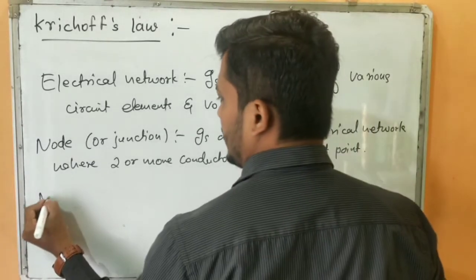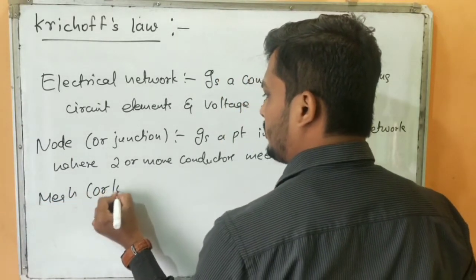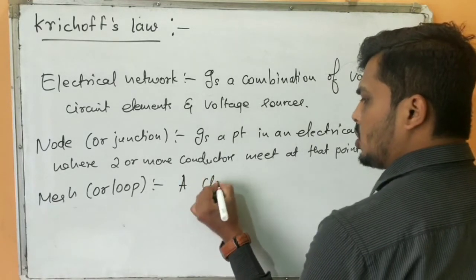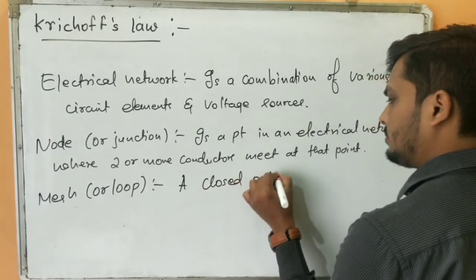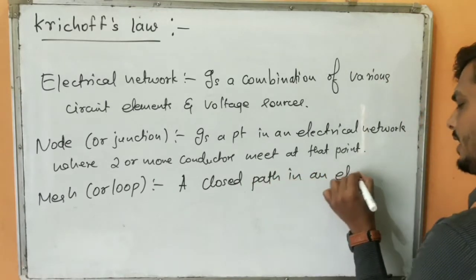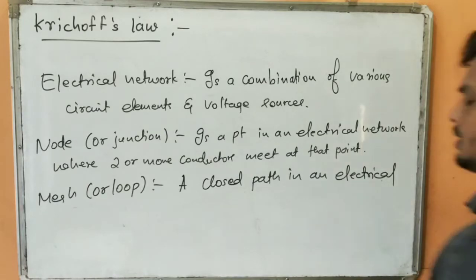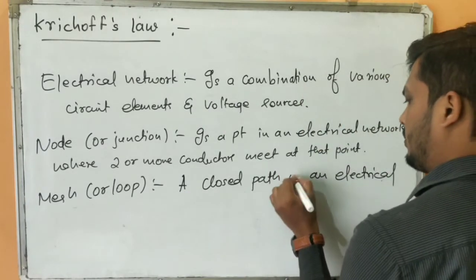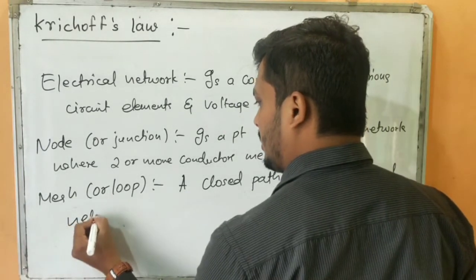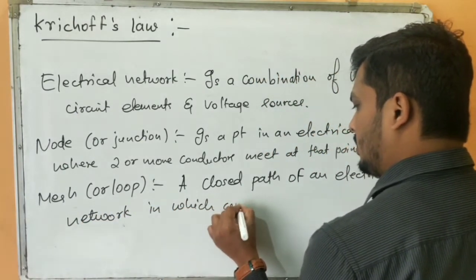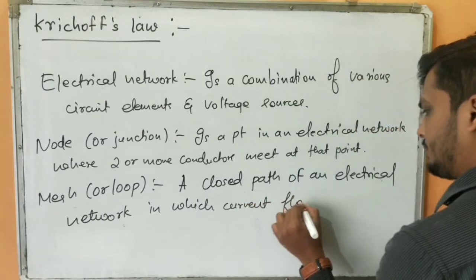The next term is a mesh, or in common language it is also called a loop. So what is a mesh? It's a closed path in an electrical network in which current flows.